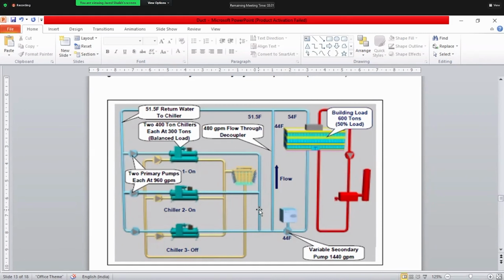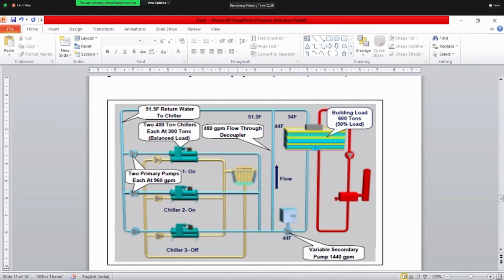So what is the total GPM we need here? Here we need a total of 1440 GPM variable secondary pumping. But this primary pump, what does it do? It pumps 960 GPM, and then it bypasses 480 GPM, the remaining.